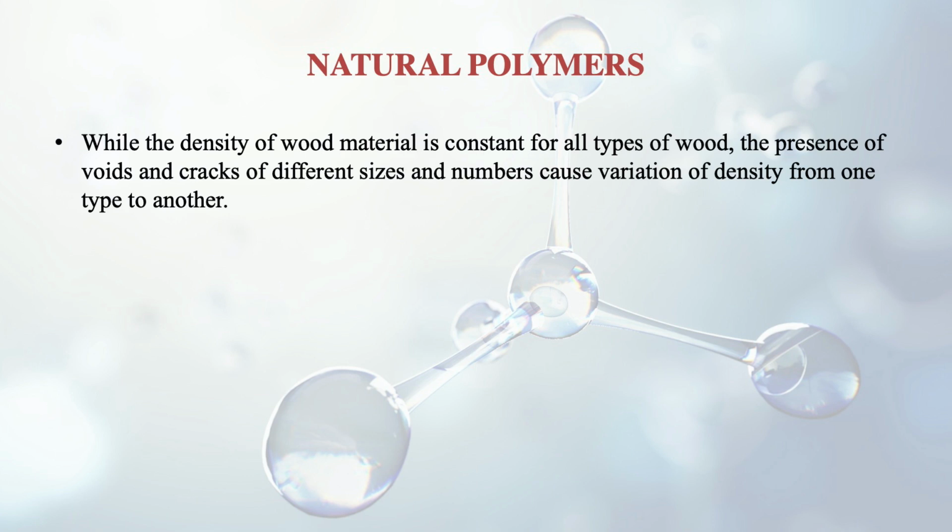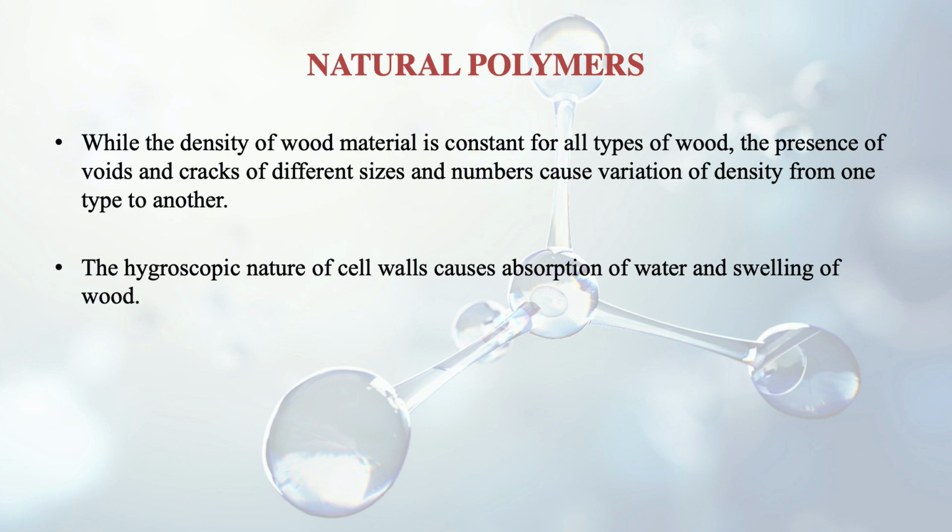While the density of the wood material is constant for all types of wood, the presence of voids and cracks of different sizes and numbers will cause variation of density from one type to another. Generally we take the density to be constant, but in reality it is not so, and it can vary for different kinds of wood, like sesame wood or mango tree wood.